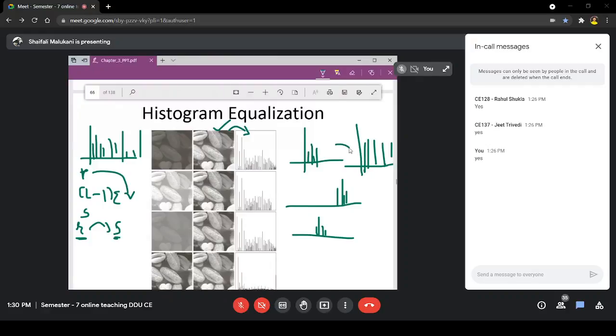After applying histogram equalization, all the images look the same, whether it was this image or this image. If you see, these two are almost equal, a slight difference is there, but of course you can approximately say that all these images are almost equal, right?